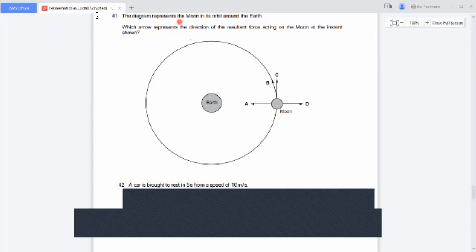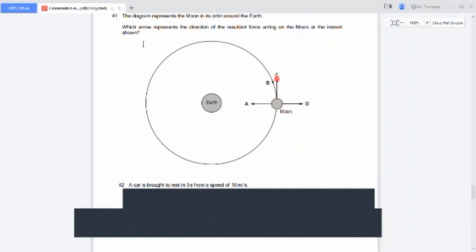The diagram represents the moon in its orbit around the earth. Which arrow represents the direction of the resultant force acting on the moon at the instant shown? This might be the centripetal force, which is attracting an object towards the central point, and this might be the centrifugal force, which is in the outward direction.